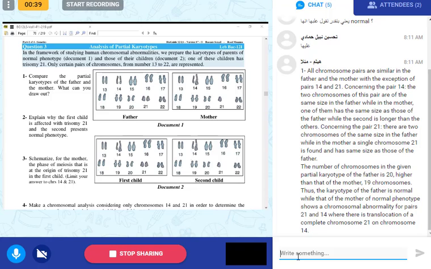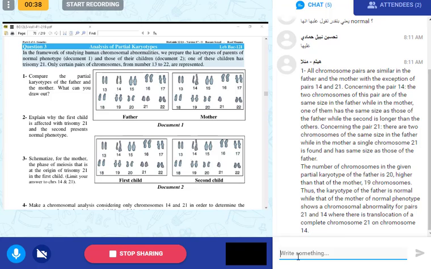Concerning pair 14, the two chromosomes of this pair are the same size in the father, while in the mother, one of them has the same size as those of the father, while the second is longer than the others. Concerning pair 21, there are two chromosomes of the same size in the father, while in the mother a single chromosome 21 is found and has the same size as those of the father.